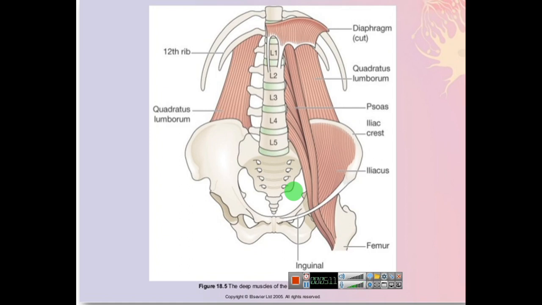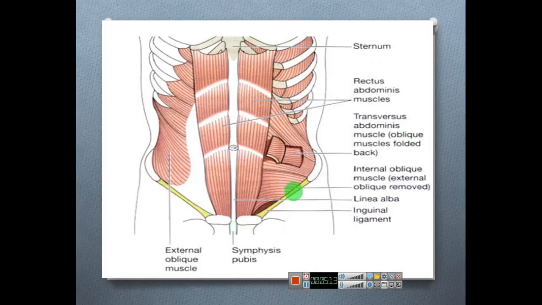Site of hernias: inguinal hernia. In an inguinal hernia, the weak point is the inguinal canal. When this is weakened, the inguinal canal protrudes the spermatic cord.